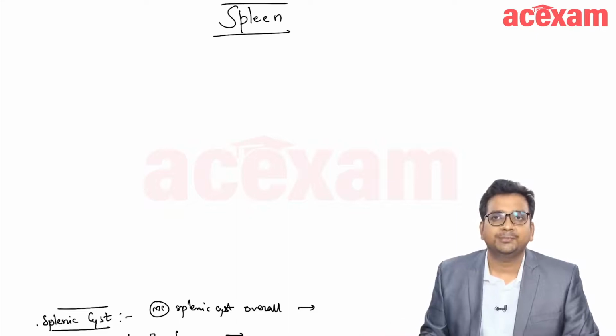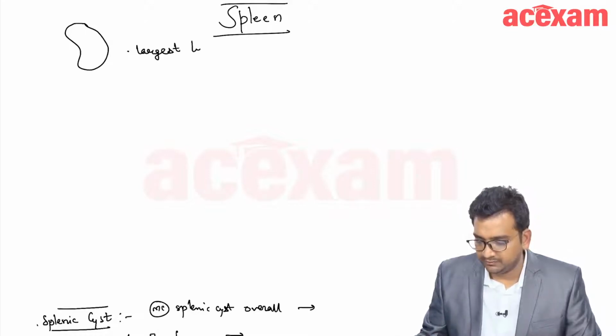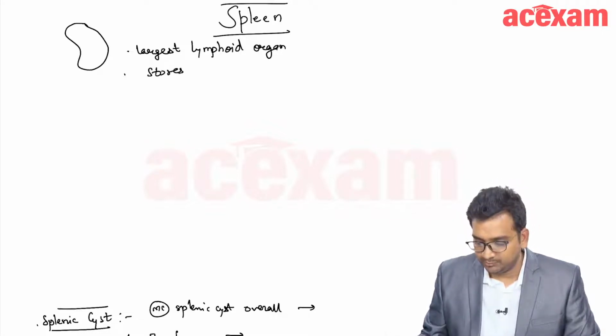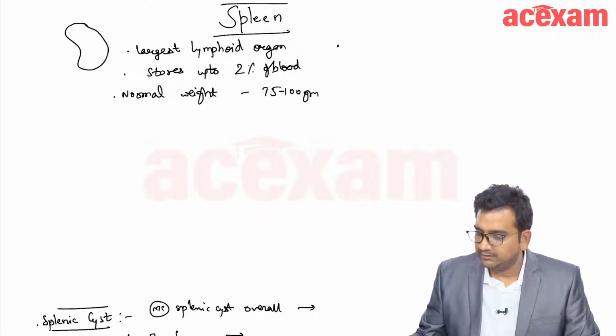The next topic is spleen. Spleen, as we all know, is the largest lymphoid organ. It acts as a blood reservoir and stores up to 2% of the blood. Normal weight of spleen is around 75 to 100 grams, and normally it is not palpable.